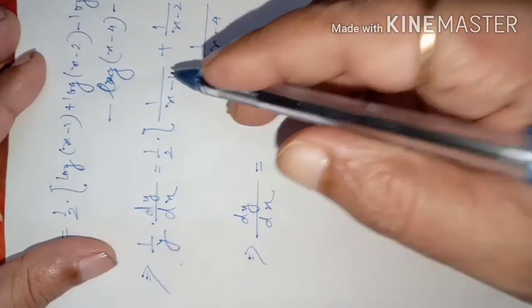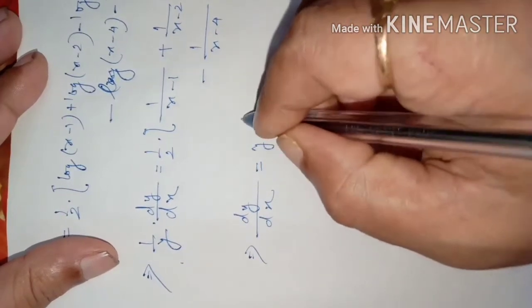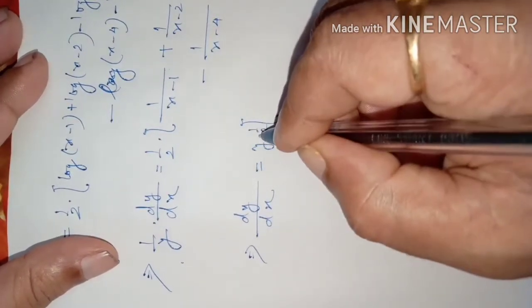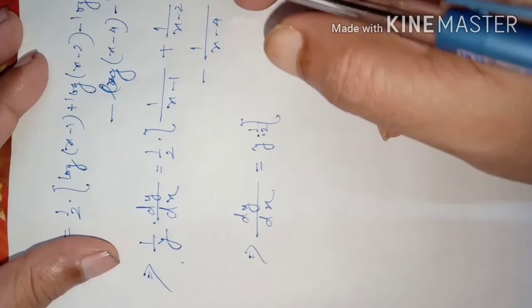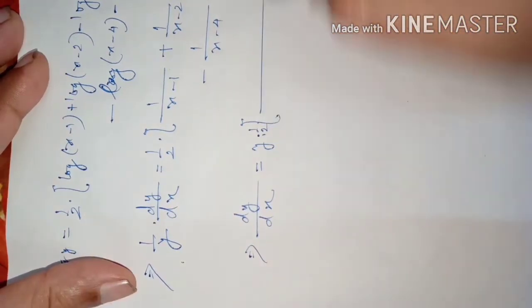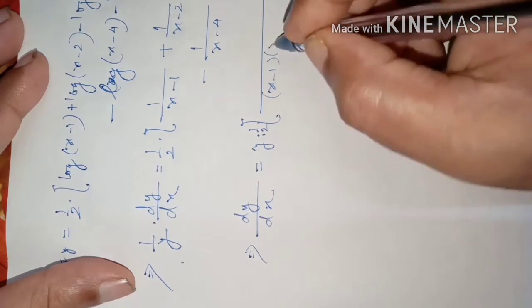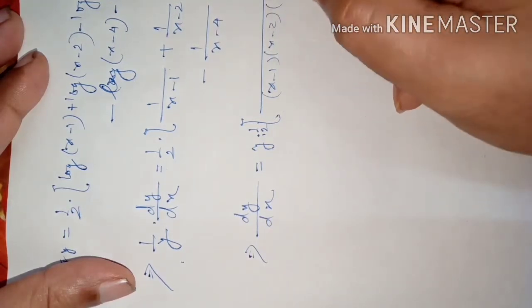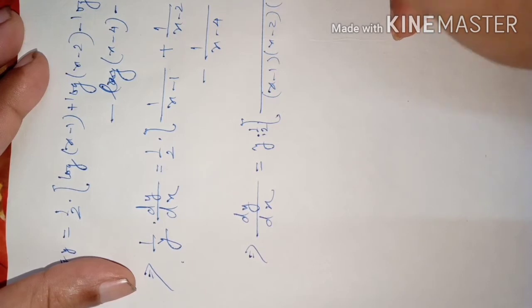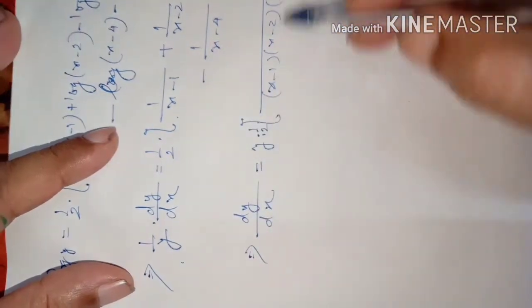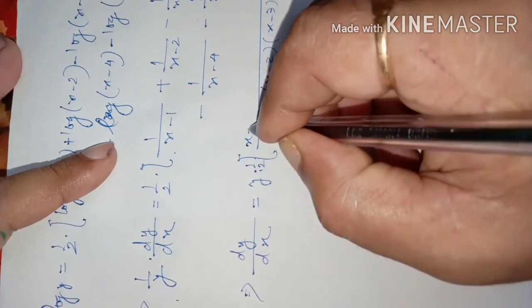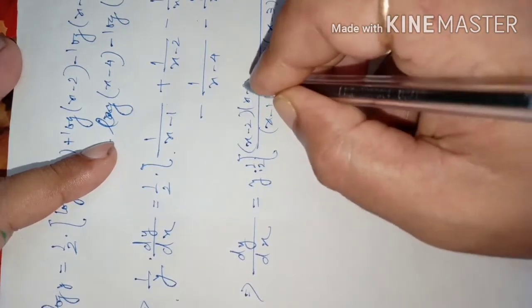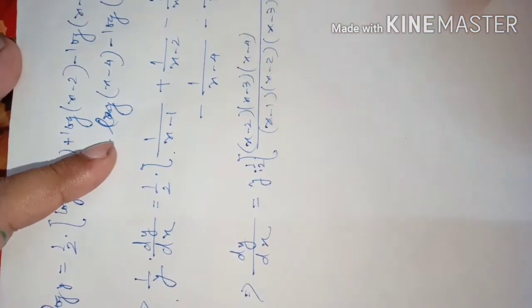So y into half into this expression, where x minus 1, x minus 2, x minus 3, x minus 4, x minus 5 will be the LCM.